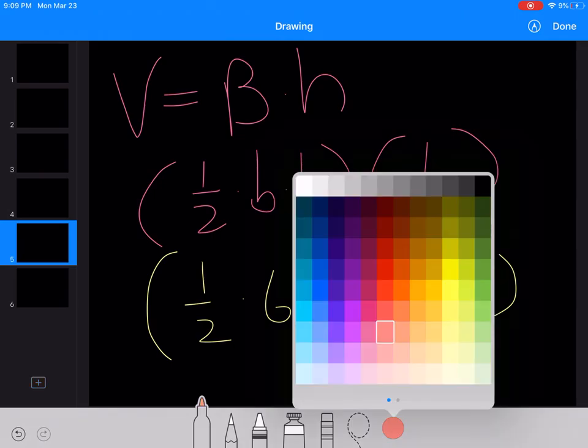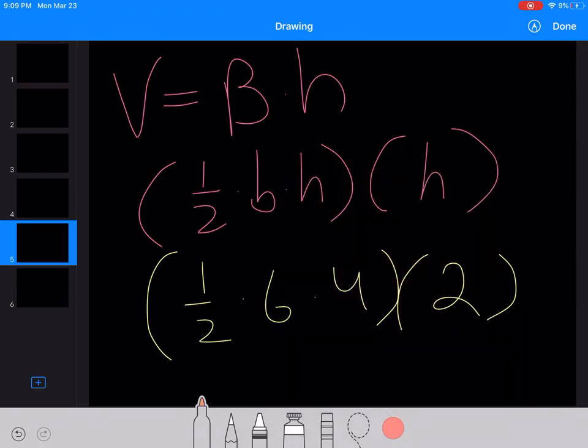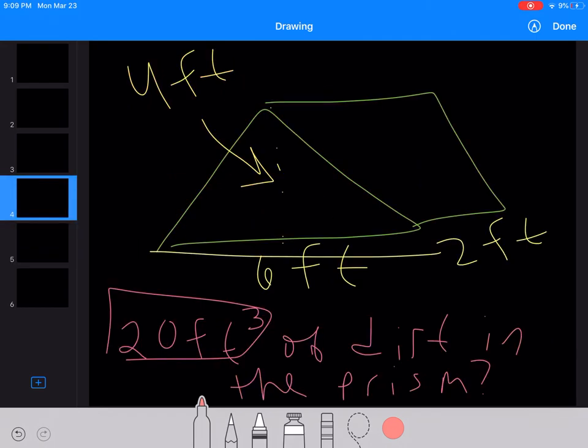All right, so that's easy to do a calculation, no calculator needed. So we're going to do 6 times 4, which is 24, 1/2 of 24 is 12, so it's 12 times 2, which is 24 feet cubed. And the question is, can we fit 20 feet cubed of that in there?